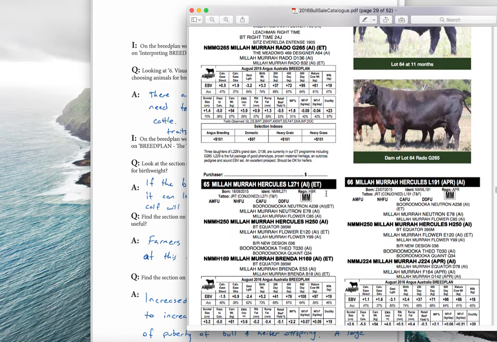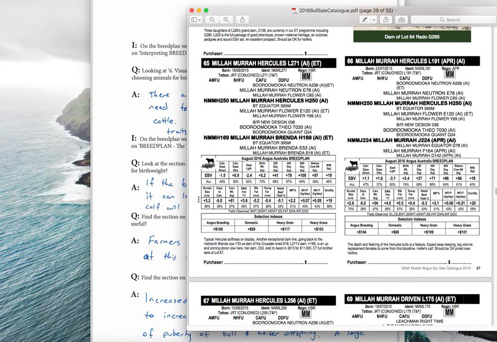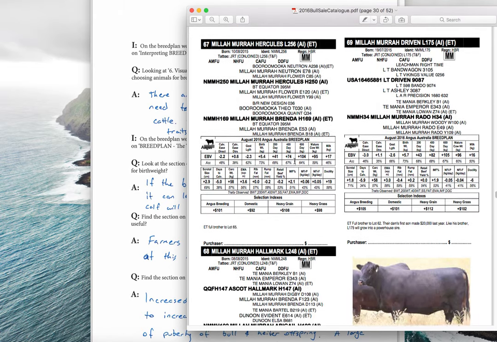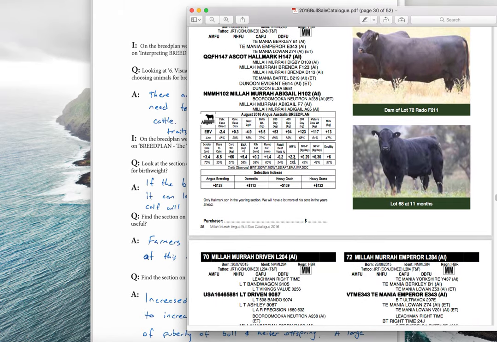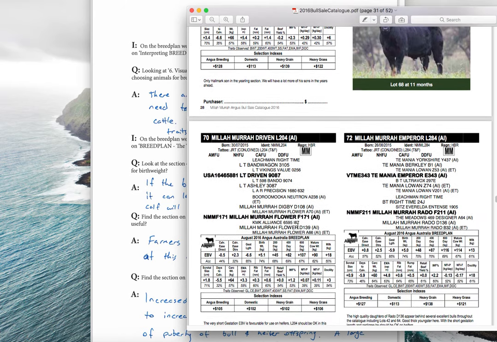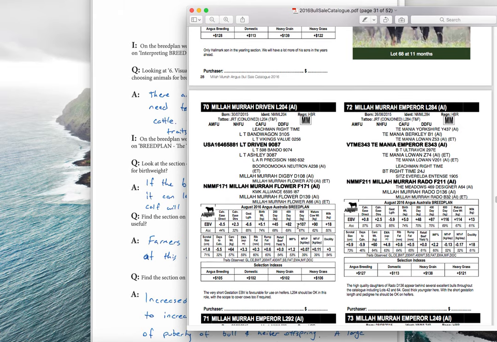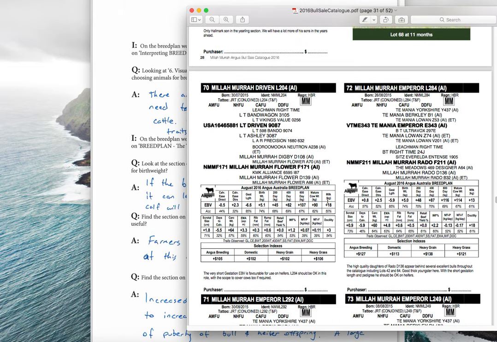Whereas if we scroll ahead and look at scrotal size, this one has an even larger one, plus 3.2. Milking volume here is plus 19, plus 18. So there's some good milking volumes here. And depending on what trait the producer wants to improve, when people go to the auction at Millamurra and want to buy Angus cattle to breed into their herd, they would choose different traits that they want.